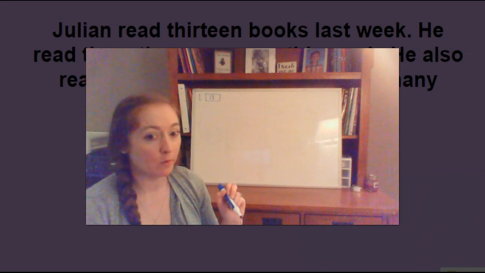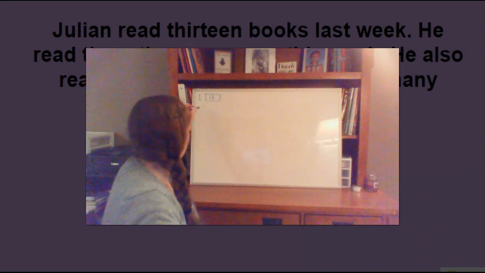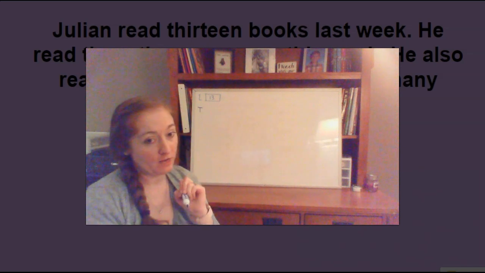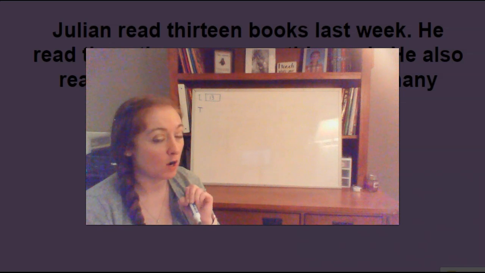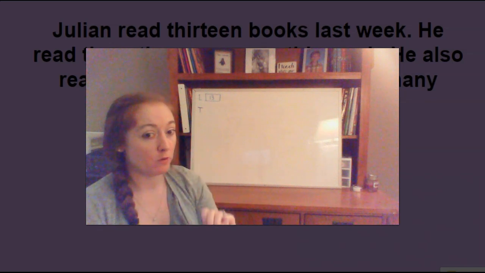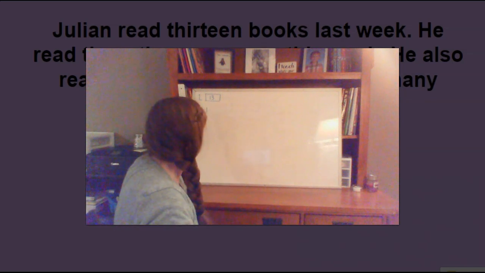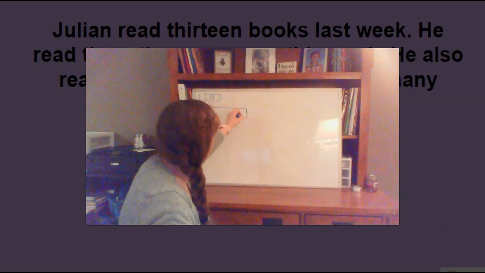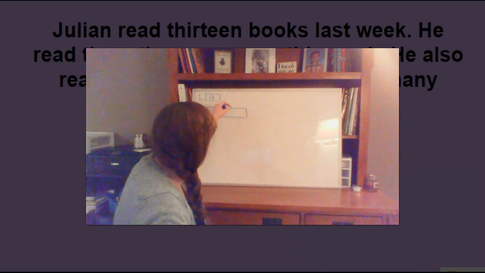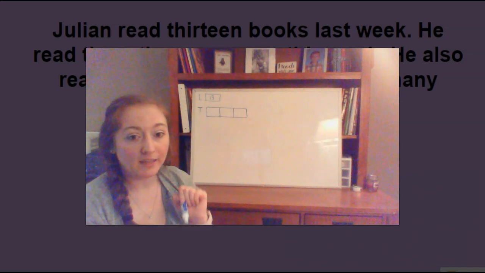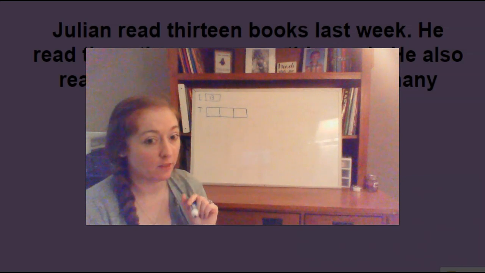We don't know what this week is. What they did give us for information is that it's 3 times as many as last week. So we are going to draw 3 boxes to show 3 times. Great. So each one of these boxes is going to represent 13.